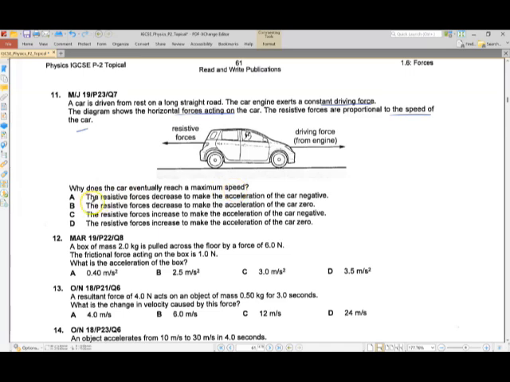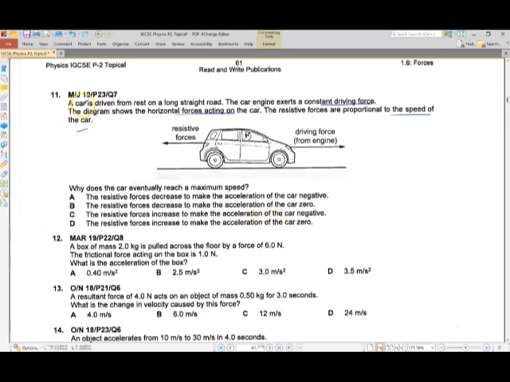Option A states that the resistive forces decrease to make the acceleration of the car negative. B: The resistive forces decrease to make the acceleration of the car zero. C: The resistive forces increase to make the acceleration of the car negative. D: The resistive forces increase to make the acceleration of the car zero.